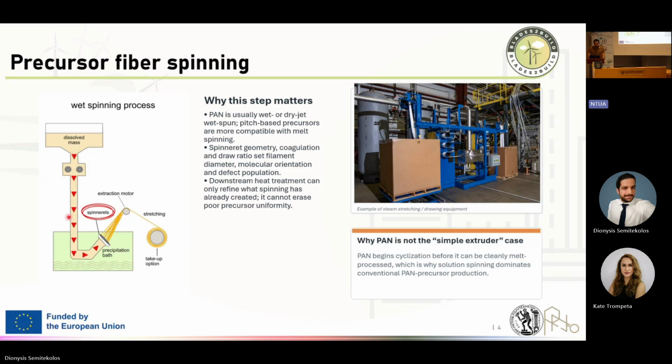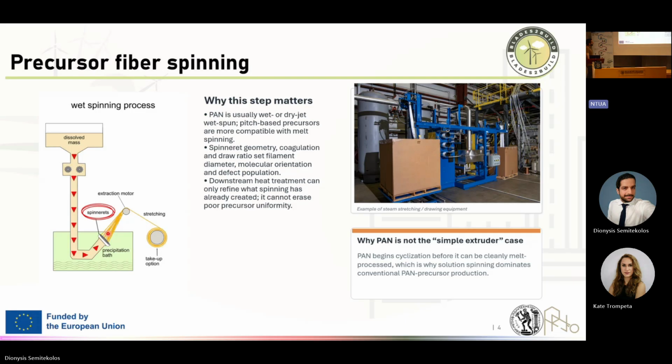the solution with the polymer enters a bath where the polymer is insoluble. So we call it a precipitation or coagulation bath. And then the solvent in which we have dissolved the polymer remains diluted within this new bath, but the polyacrylonitrile starts to solidify. And through this spinneret, we spin it into this fibrous format.